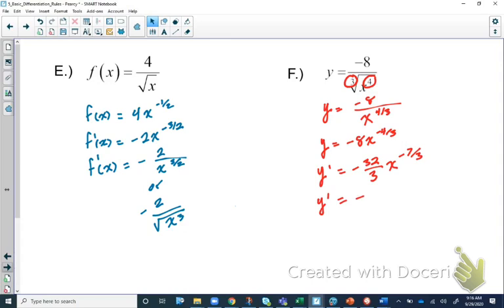So I have a negative fraction, with 32 in the numerator and a 3 in the denominator, and we're bringing down the x to the 7/3 power, or as a radical, you can say negative 32 over 3 times the cube root of x to the 7th power. Either of those would be perfectly acceptable answers.